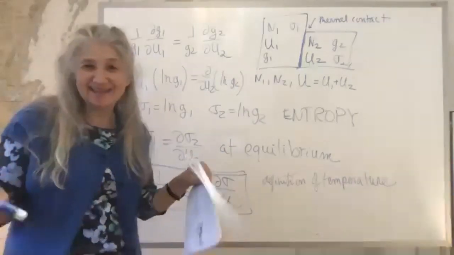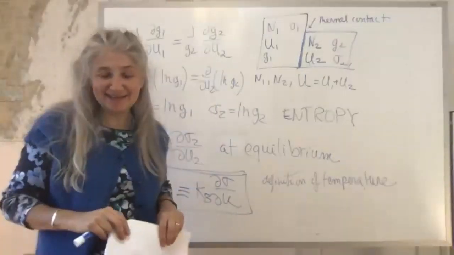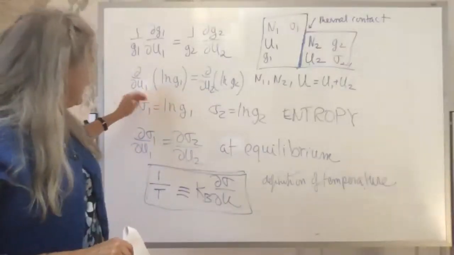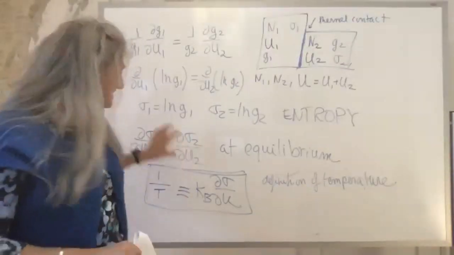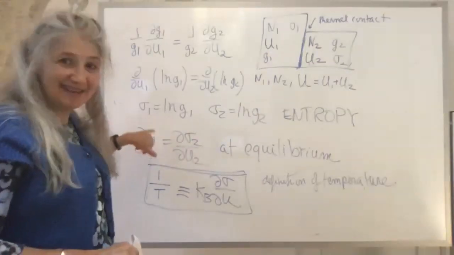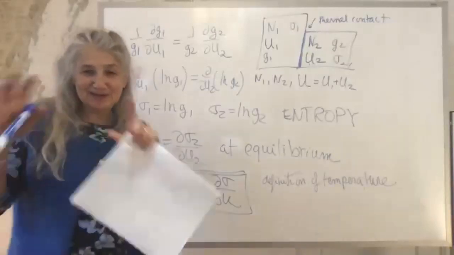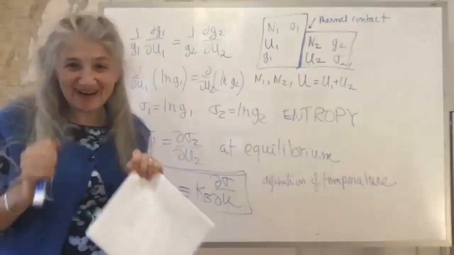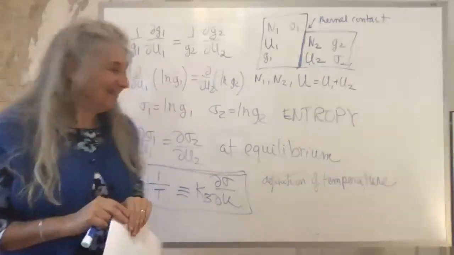We have two systems. We bring them together, they exchange energy to maximize the entropy. At that time, the derivative of the entropy of the first one is equal to the derivative of the entropy of the second one. So that's the same condition as at equilibrium. So we're defining our temperature in terms of this derivative. And that way we know that when those two subsystems have the same temperature, they stop exchanging energy. And so that's why the temperature is being defined in this particular way.